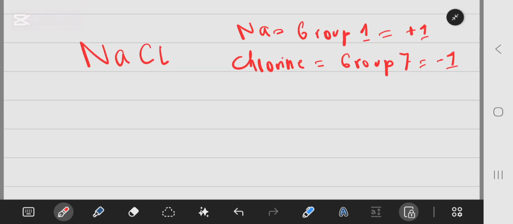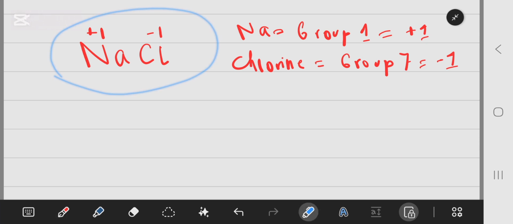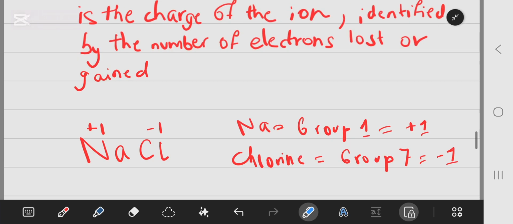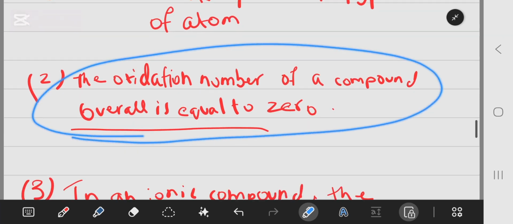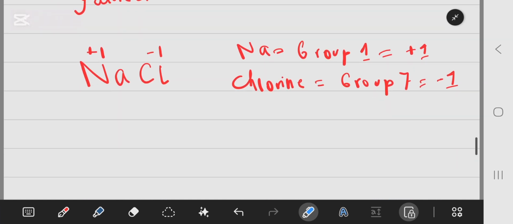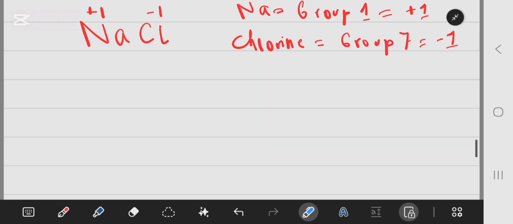Let's input those numbers over here, +1 and then -1. Is it safe to say that the overall charge, or the overall oxidation number, of this compound is 0, which satisfies our second rule? Yes, it is. So does it make sense now? The charges get cancelled out in a compound. I hope that's clear.